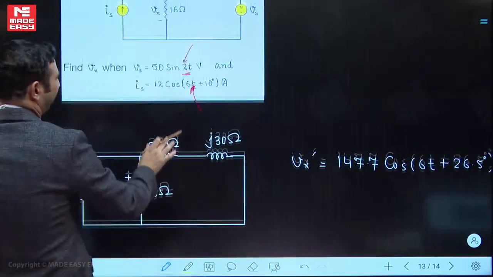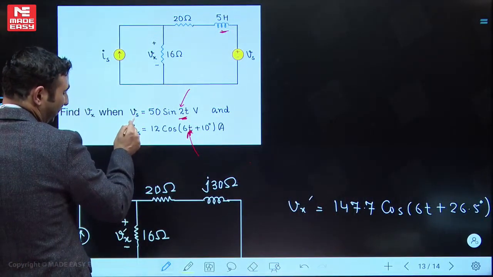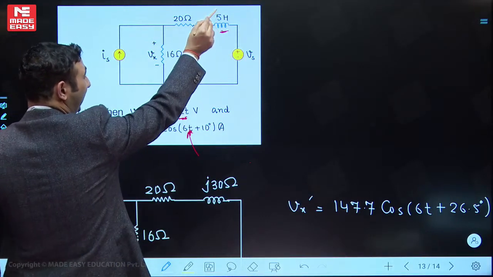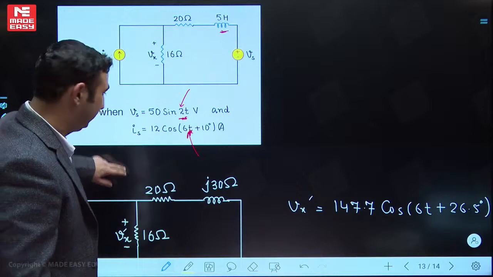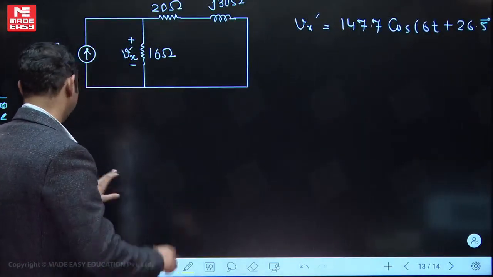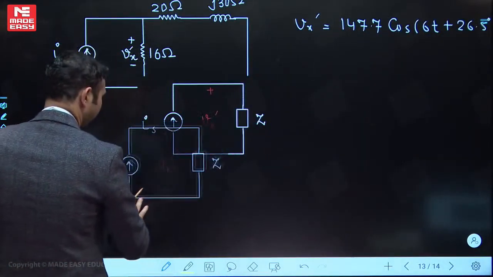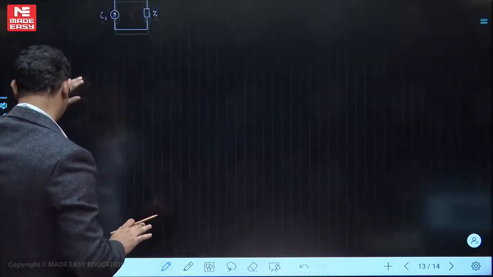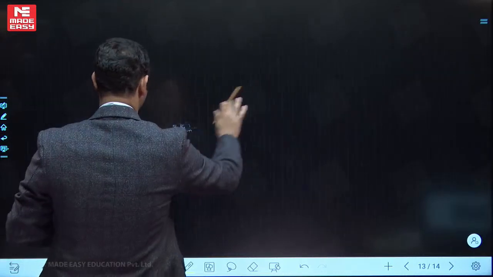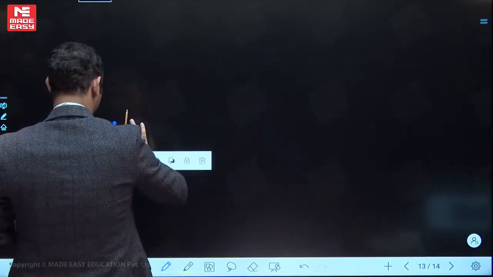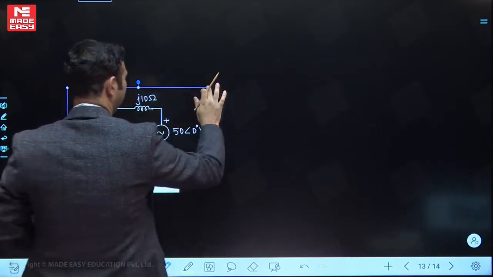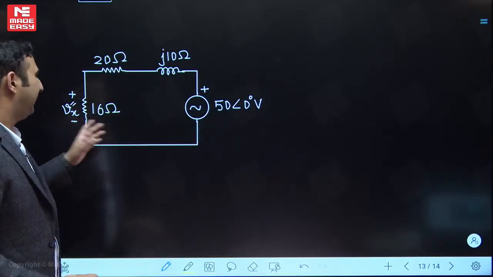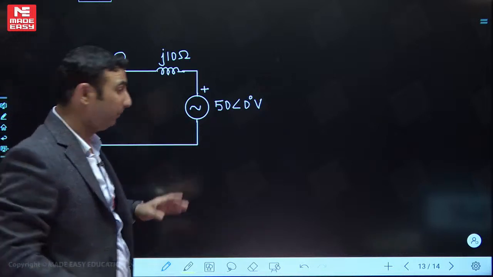Similarly, in the second case, when we activate this source, I have 2 as the frequency, so 2 into 5 will be j10 now. Have a look. This is the same circuit for calculating the equivalent value. Now this will be j10, Vx double dash, by the simple voltage division formula.